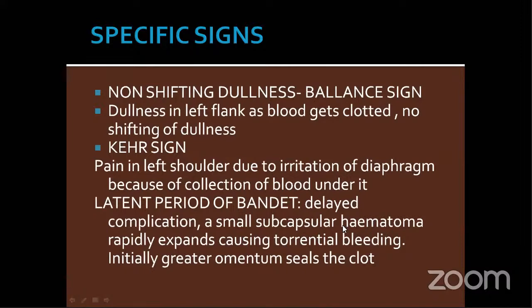Once you have sent him home, the patient thinks, since I am discharged from the hospital, I can jump around. Suppose the patient is very athletic, then suddenly the hematoma might enlarge, causing torrential bleeding. Okay, so this is called the latent period of Ballance. That's why you have to observe any injured spleen patient for at least 5 days in the hospital. Okay.